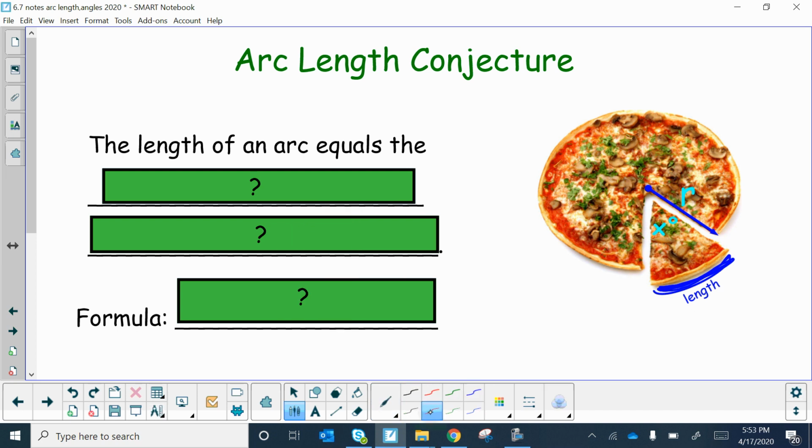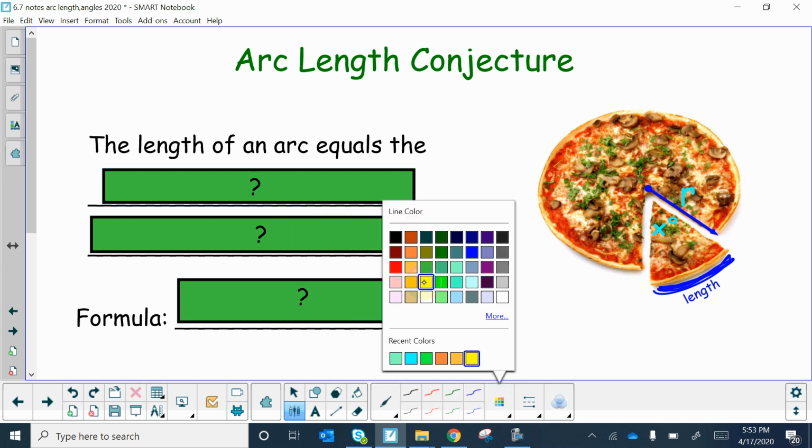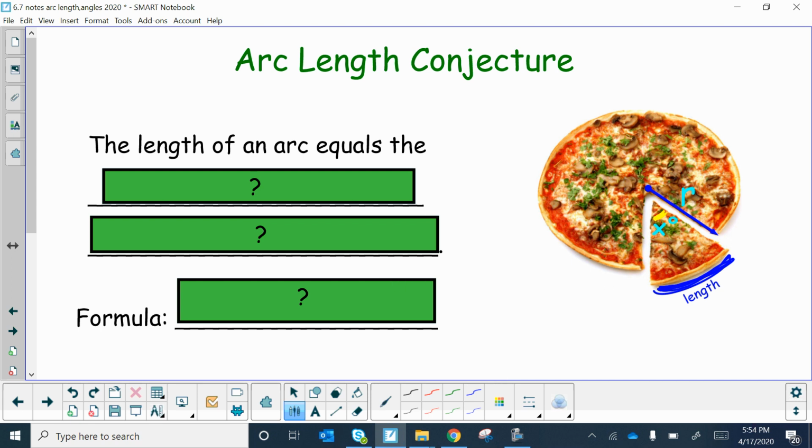This angle right here is X amount of degrees, which is the same as its arc. But we can also find the length of it, meaning like in inches. Like how long is this pizza crust in inches? How long is it all the way around? Some people want to know that. So here's how you find the length of each arc.